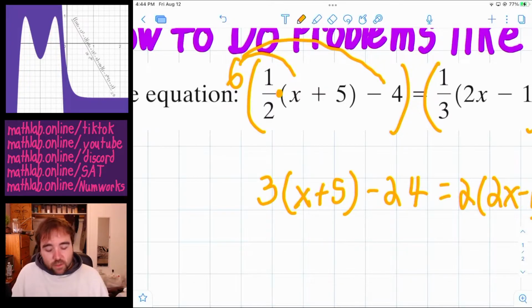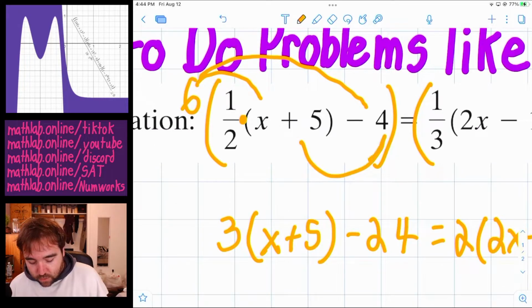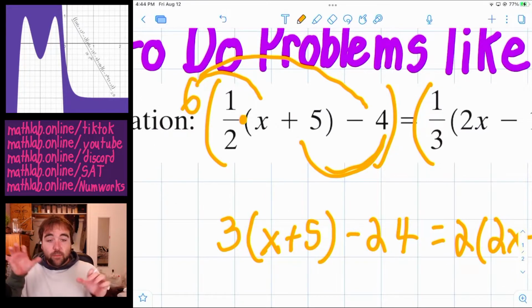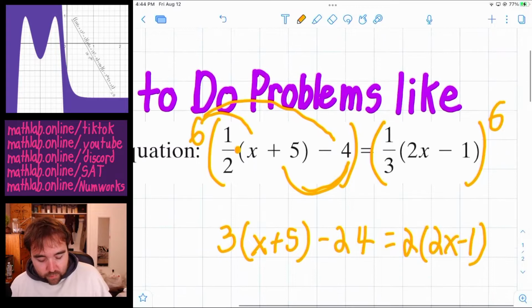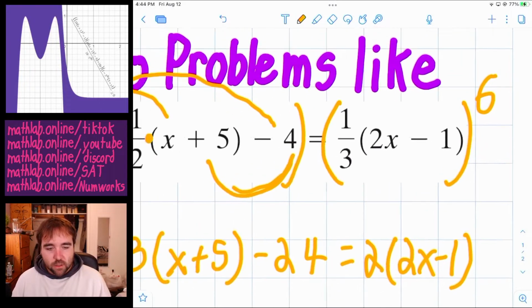But when you have the two things added or subtracted together, like this -4 here, you've got to multiply it by both of those things. So that's why we multiplied it by the first thing and the -4. And then over here, we just had the one thing, the 1/3 times 2x minus 1. So we just had to do the 6 times the 1/3 to just give us the 2.